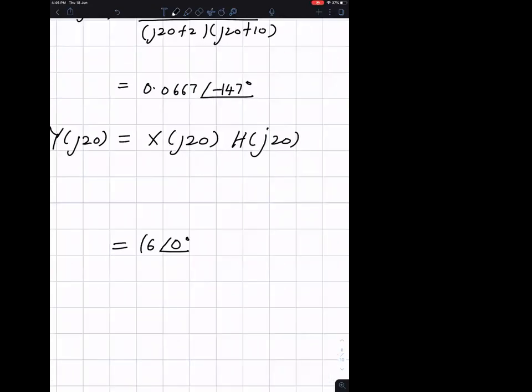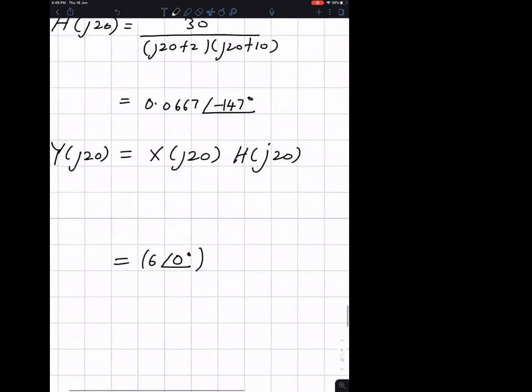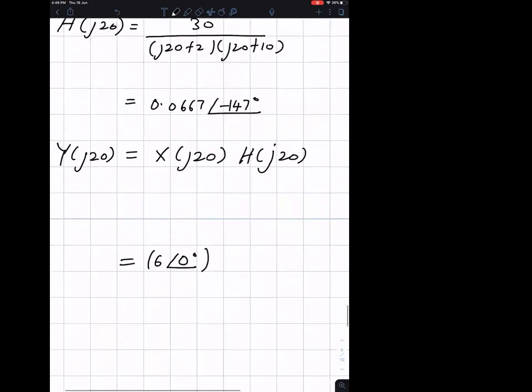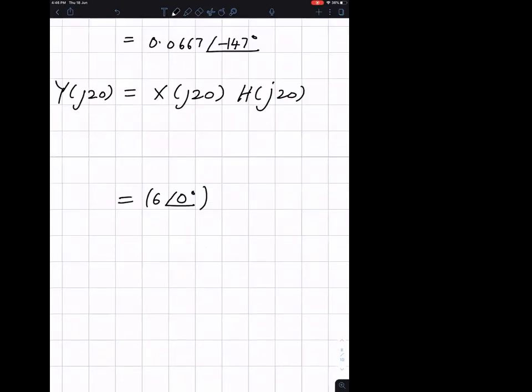Multiplied by the transfer function we just evaluated, which is 0.0667 at minus 147 degrees.